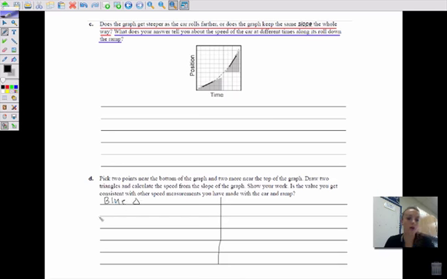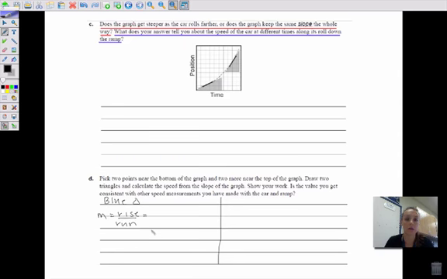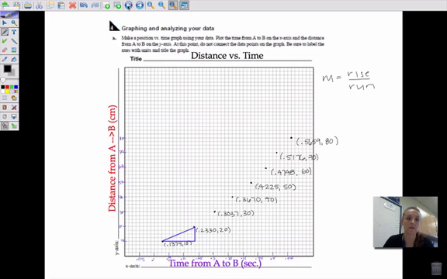So if I know that slope is equal to rise over run, I need to take the difference between my y values, which if I'm starting at 20, I'm going to subtract 10 to get the difference, which is 10 centimeters. So I'm going to do 20 minus 10, and it's going to be over the run, which is the difference in the x-axis, and we want it to be positive, so we're going to put our biggest number first.